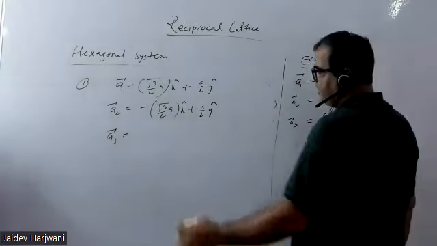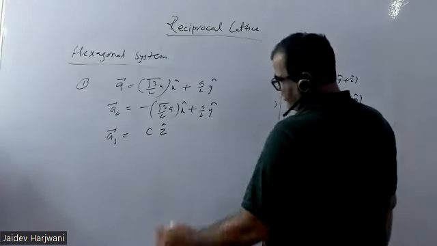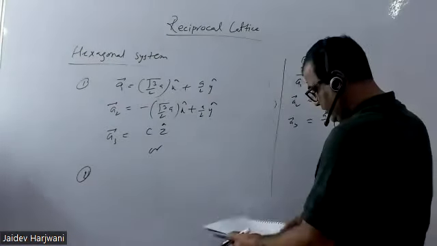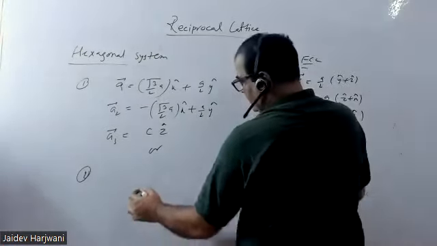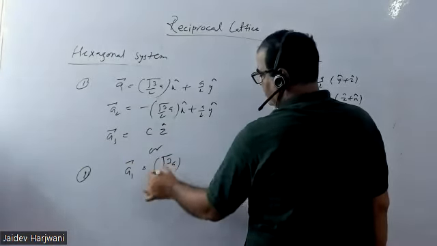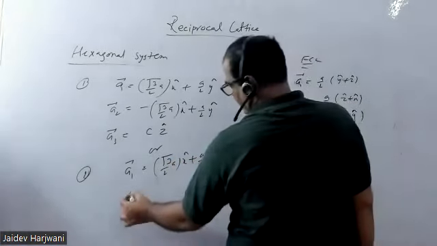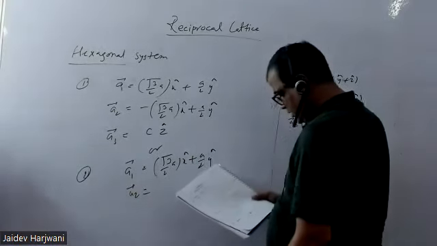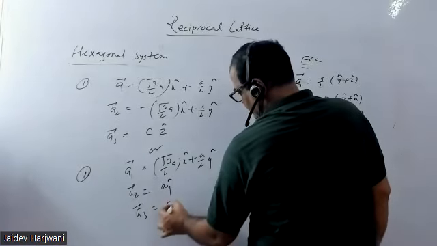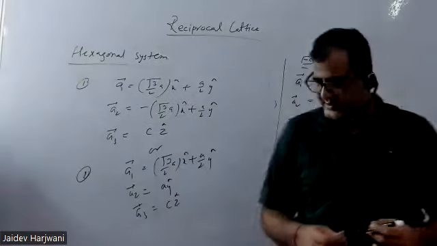You can write simply c ẑ. Or instead you can use the second type, where a1 is the same, (√3/2) a x̂ + (a/2) ŷ, a2 you can use a ŷ, and a3 you can use c ẑ. This is for hexagonal.